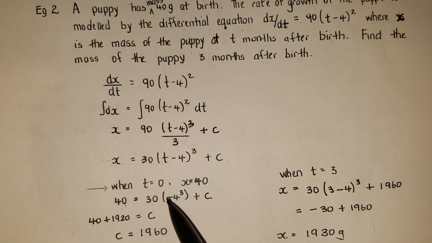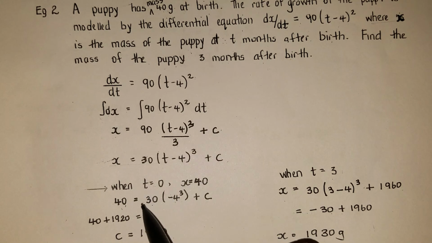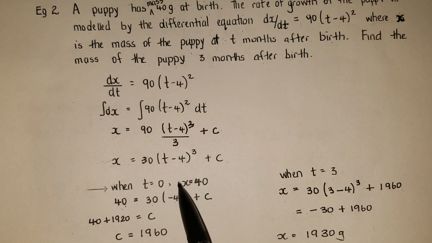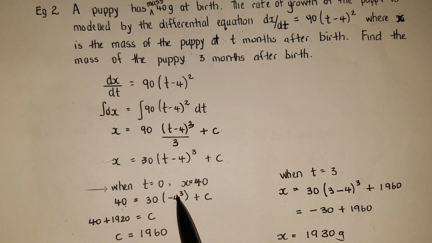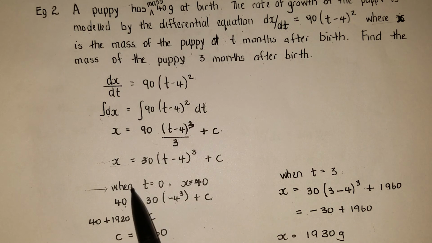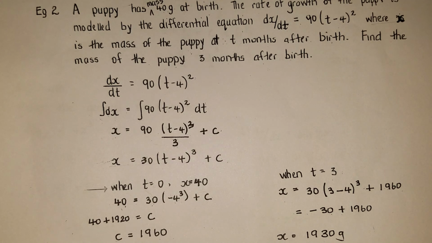This gives us 40 equals 30 times (0 minus 4), which is a negative 4. We'll cube that, and our plus c goes back. So when we solve for c, this will give us a negative 64, which gets multiplied by 30, giving us a negative 1920, which gets brought over as a positive and gets added to the 40, making c equals 1960.